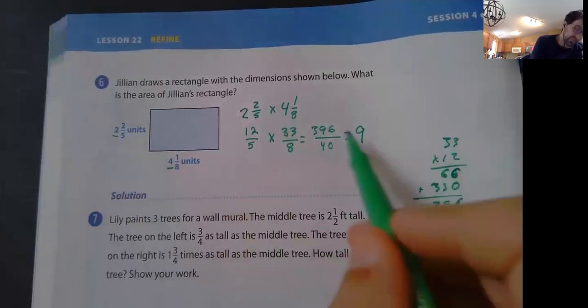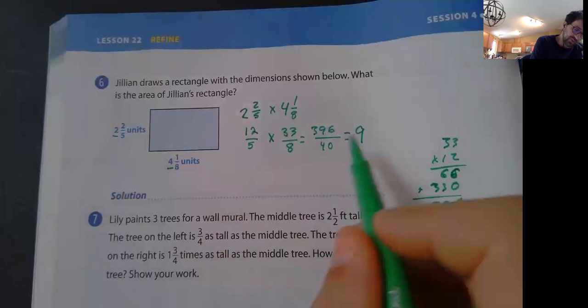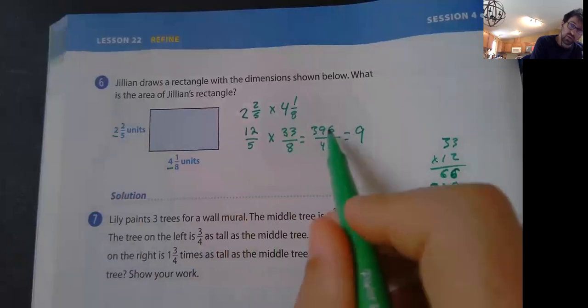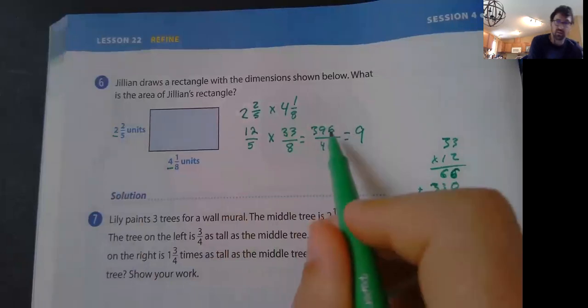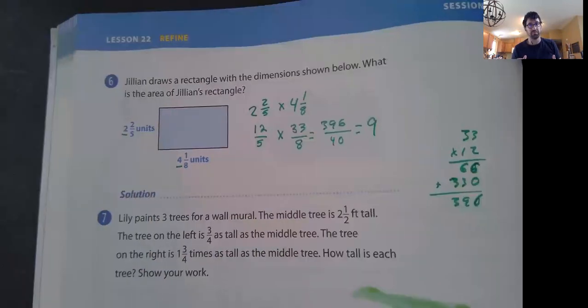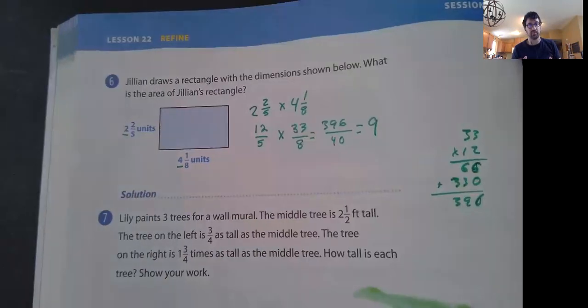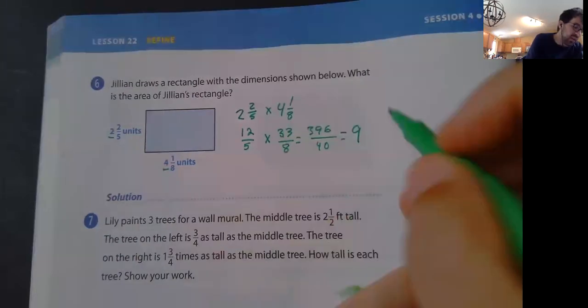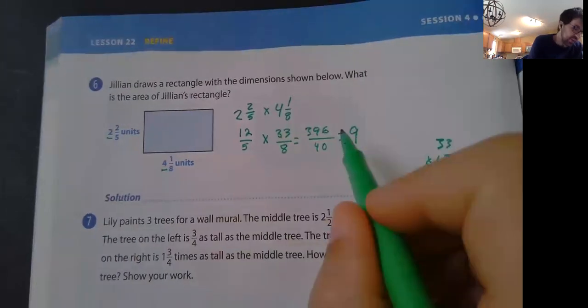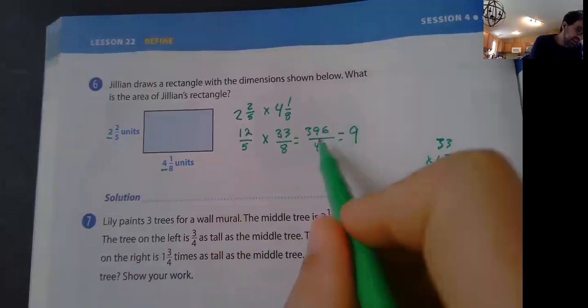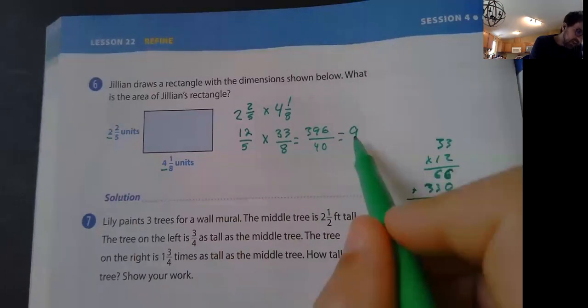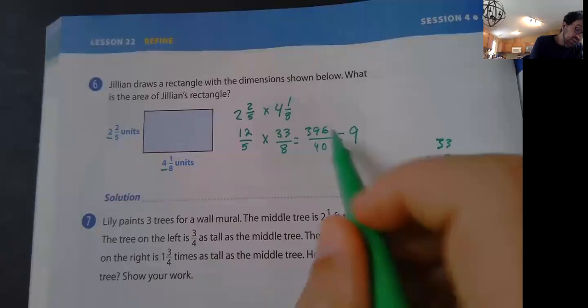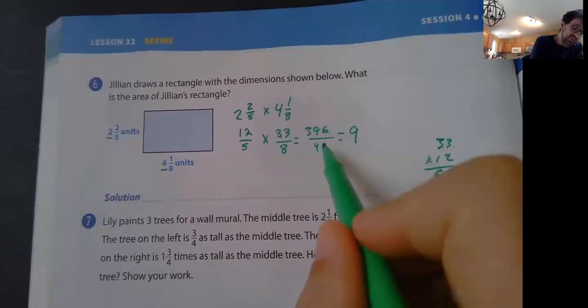What's left over? If 10 times 40 is 400, what's left over? We have to look at this as 9 times 40 is 360.